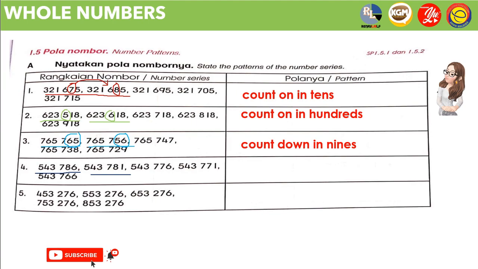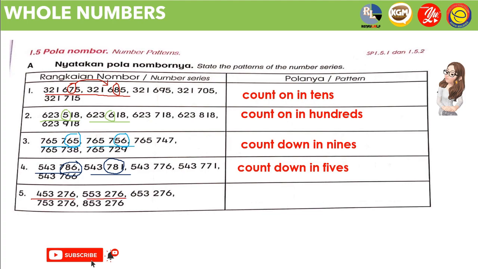Look at the differences. Alright, the difference is here, 786, 781. So this is again count down. Alright, count down in fives. The difference is 5.